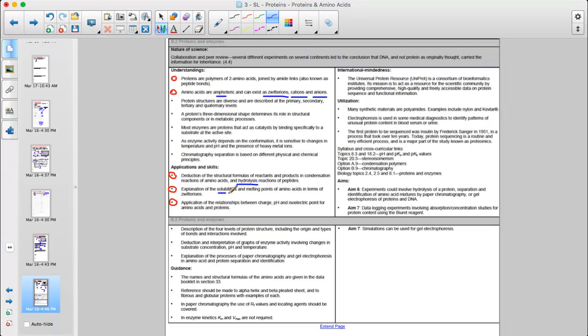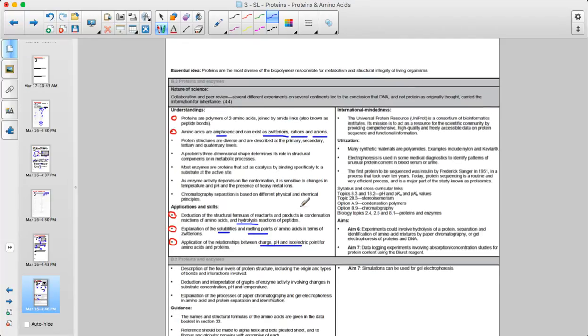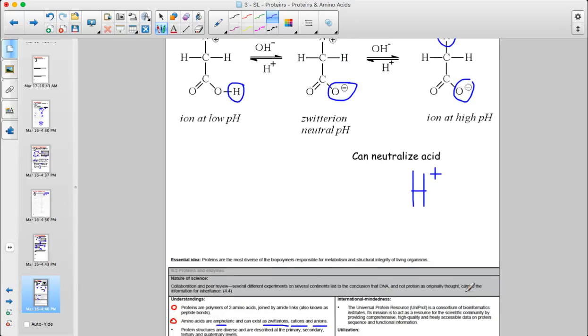We talked about their solubilities. Melting points would be similar to solubilities, thinking about the IMFs of the R groups and how that would rank them for attractions and therefore melting points. And finally, talking about how pH change will affect their charge. So that's what we talked about in this video, and obviously we'll review it in class.